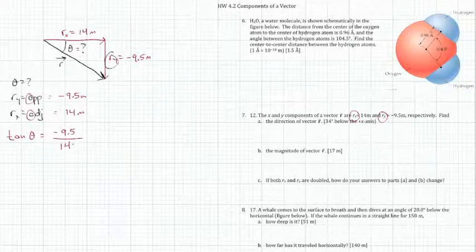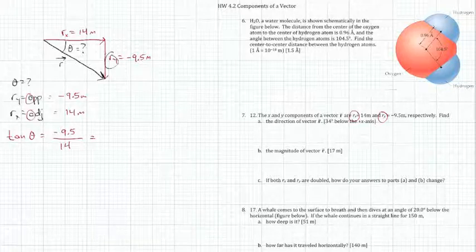Now, it should be noted that when we're solving for an angle, we always want to get a positive angle. Now, you might say, well, wait a minute, that angle's below the x-axis, right? Yeah, true, it is in a negative direction, but we want to solve for the absolute value of the angle and then describe what direction it's going in. So we want to solve for the absolute value of the side.